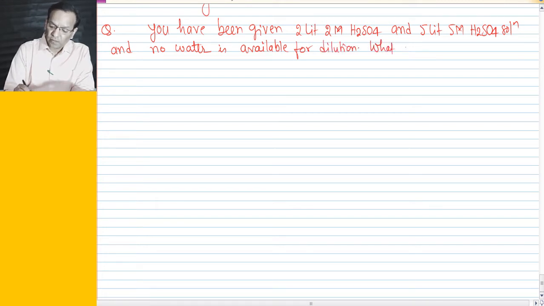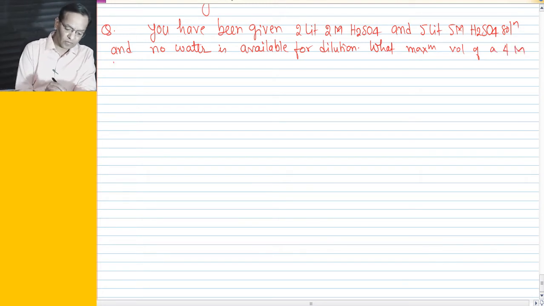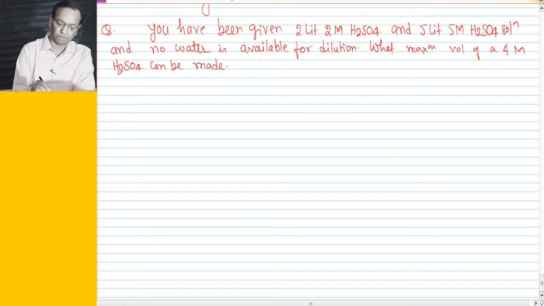What maximum volume of 4 molar H2SO4 can be made?